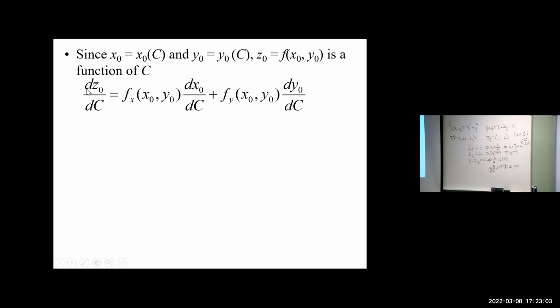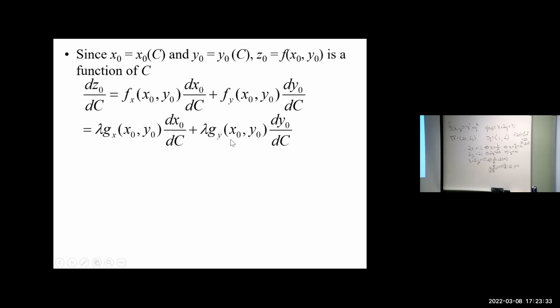So the change in z0 with respect to c, this is the chain rule that we'll talk about next time, is f sub x, our partial with respect to x, times dx/dc, plus f sub y times dy/dc. Again, I skipped ahead a section for this because this is the chain rule. Well, f sub x and f sub y are equal to lambda g sub x and lambda g sub y.